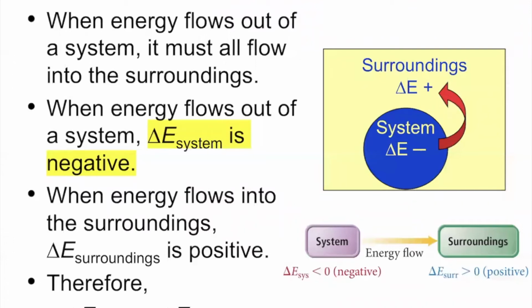Let's say your bank account is your system. When you're withdrawing from your bank account, you have a negative sign, and the surroundings, which is whoever you gave the money to, is happy. They get a positive sign. So this is when energy flows into the surroundings. Notice that the energy is flowing from the system to the surroundings, so the system is negative, and the surroundings get a positive sign.